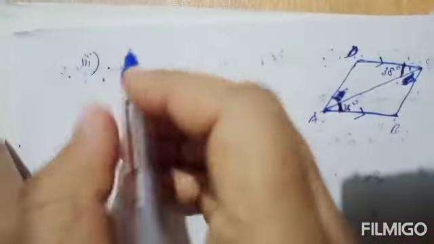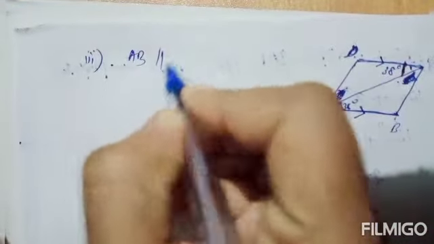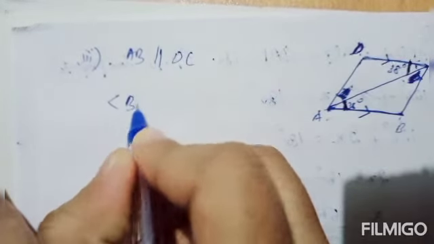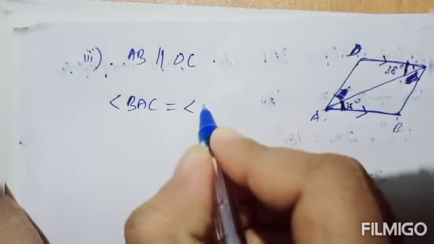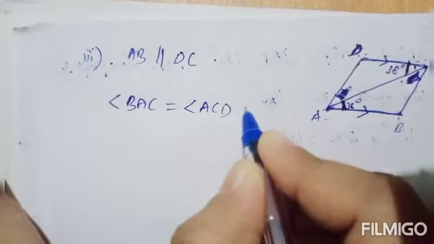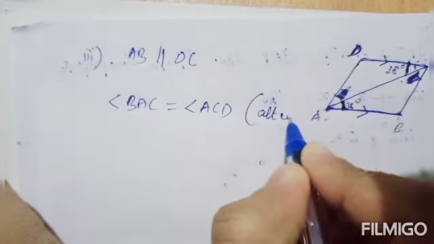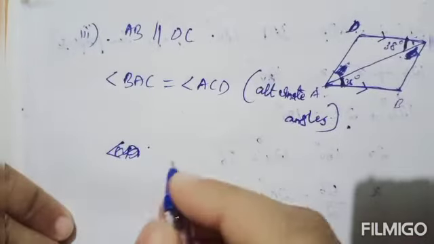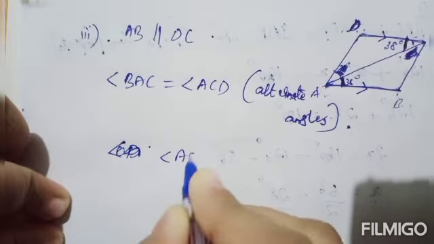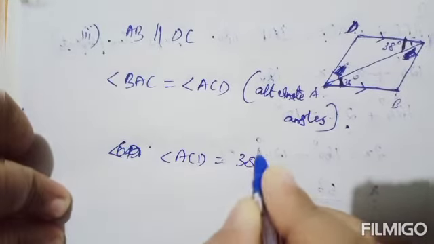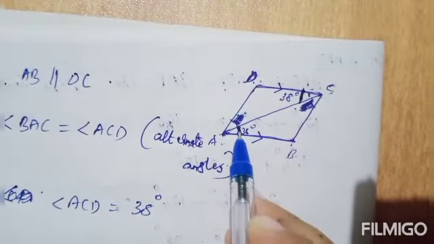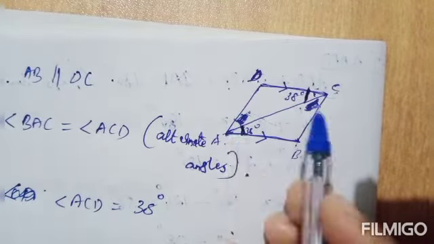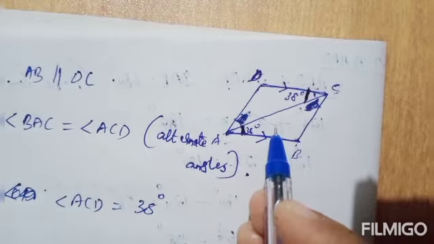Since AB is parallel to DC, angle BAC equals angle ACD, they form alternate angles. Angle BAC is given as 38 degrees, therefore angle ACD is also 38 degrees.